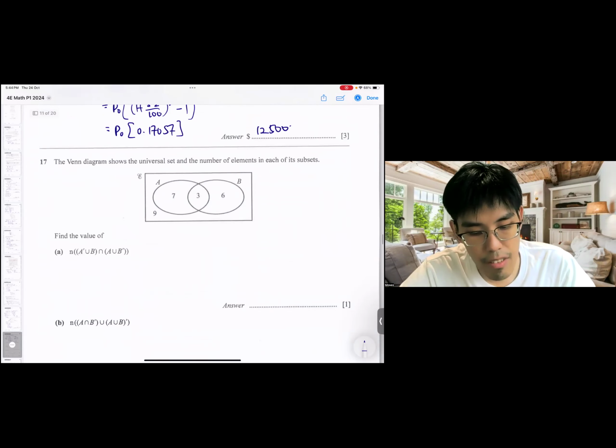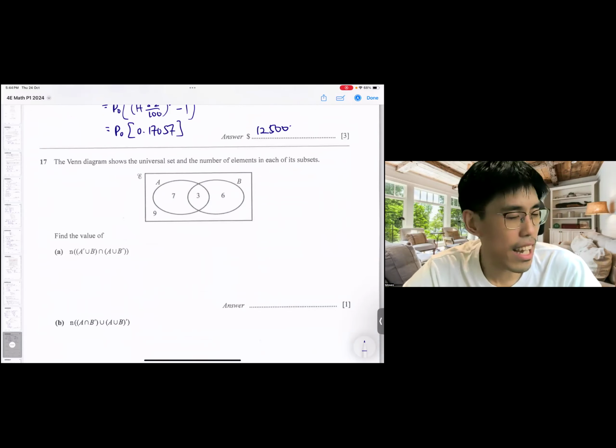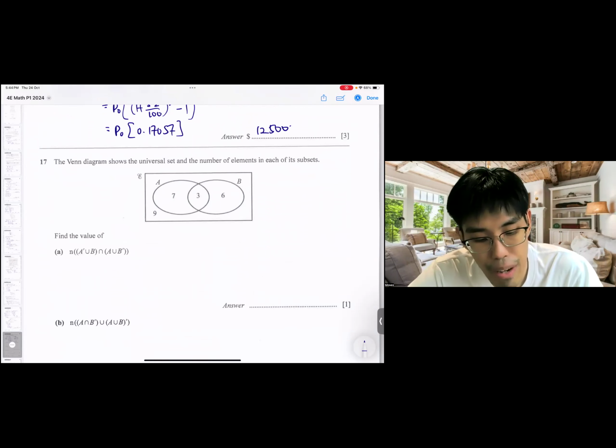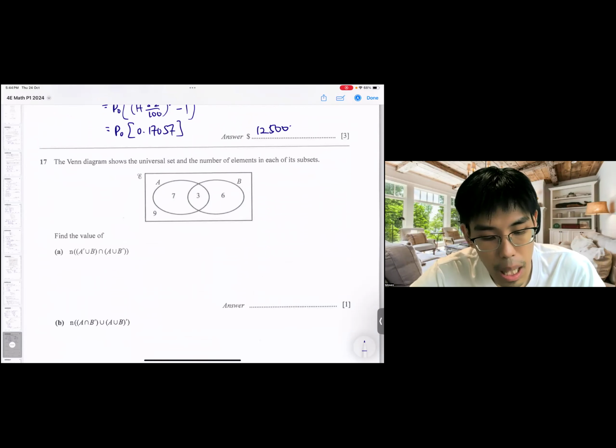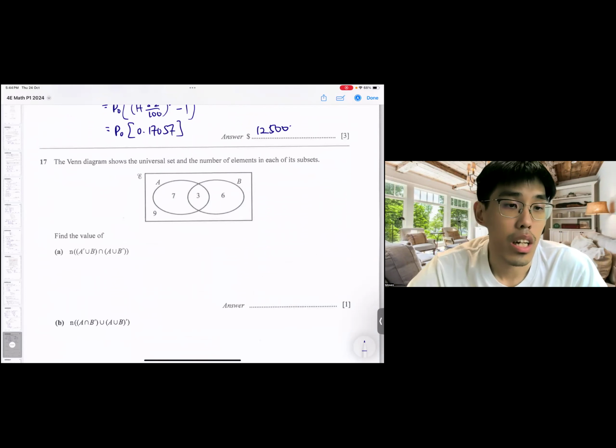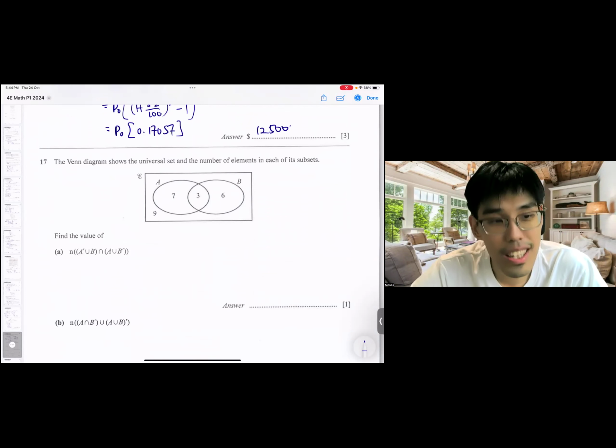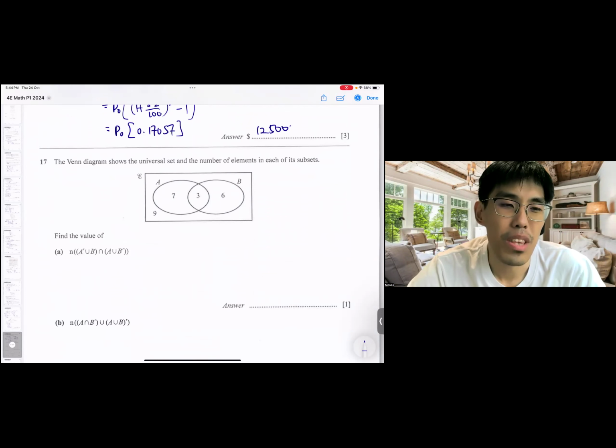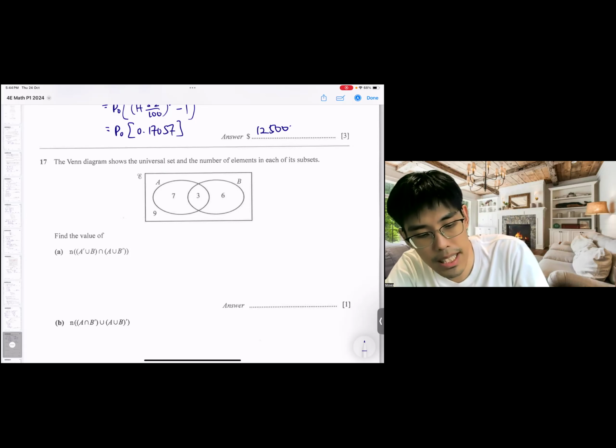Next, Venn diagram. I hate this. I really hate this. Okay, find the value of the number of elements of the intersection of the union of A prime union B and A union B prime. When I say n, it means how many elements.